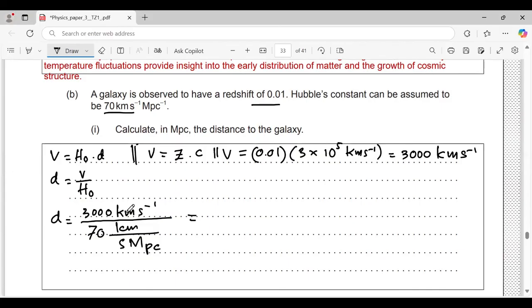So 3,000 over 70 is 42.86, and kilometer per second divided by kilometer per second leaves the unit Mpc, rounded to 43 Mpc.